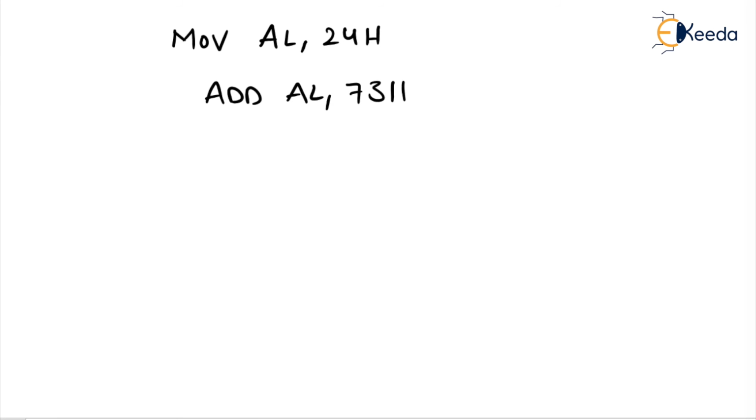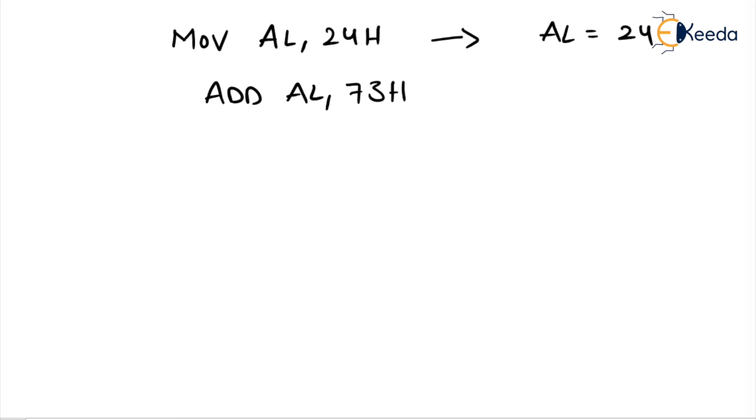Now let us consider one simple program: MOV AL, 24H; ADD AL, 73H. So what will be the addition? When you execute this, first AL will be loaded with 24. Then add 73H with this AL.